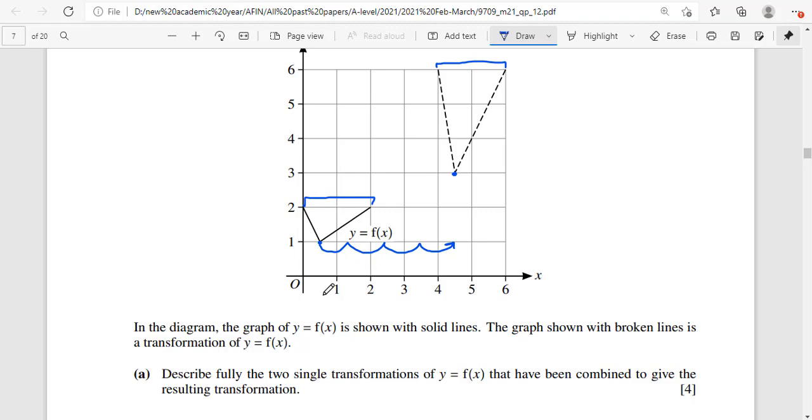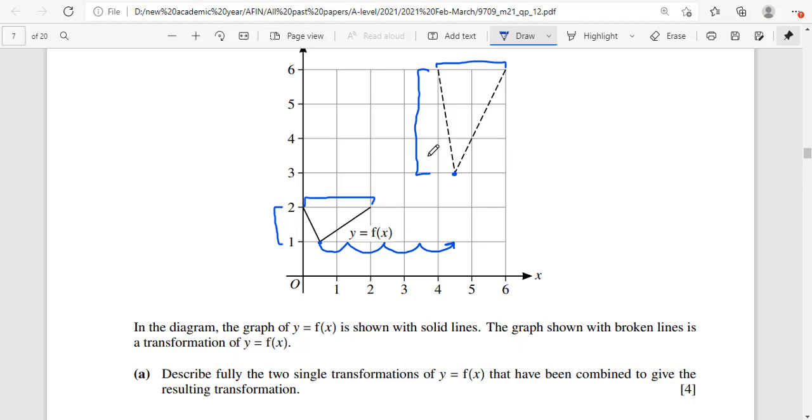Then the second transformation is a vertical stretch, scale factor 3 or stretch factor 3. How? Before, from this point to this corner was taking 1 unit. Now from this point to the first corner on the left takes 3 squares.